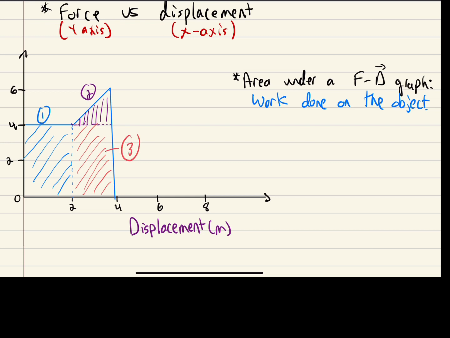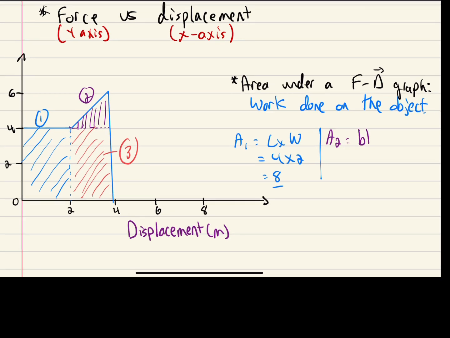So I'm going to get the area for each shape. For the first one over here, we're going to write area 1. That's going to equal length times width, since it's a rectangle. And so we have 4 times 2, and that gives us a value of 8. For the second shape, which is a triangle, we're going to go base times height divided by 2. The base goes from 2 to 4.